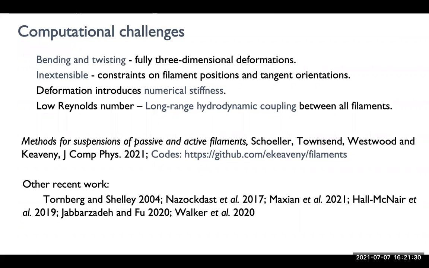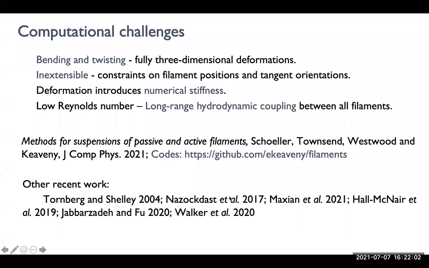So we have a recent publication that addresses each of these. That's its methods for suspensions of passive and active filaments with Simon Scholler, Adam Townsend, who's now an assistant professor at University of Durham, and Tim Westwood, who's done the simulations for these active filaments on spherical surfaces.